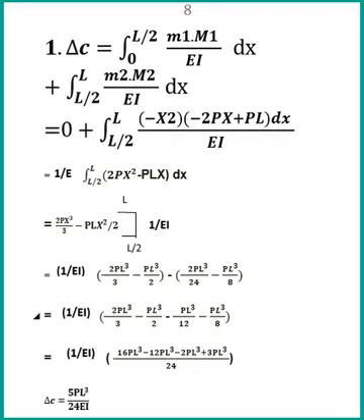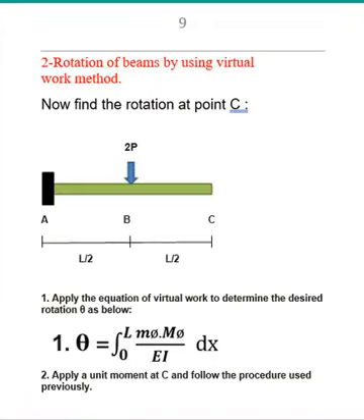After that, we find the deflection will be 5PL cubed over 24EI. The value of the deflection is positive, so it will be downward as we assumed.